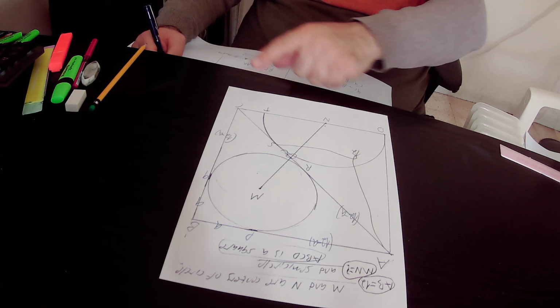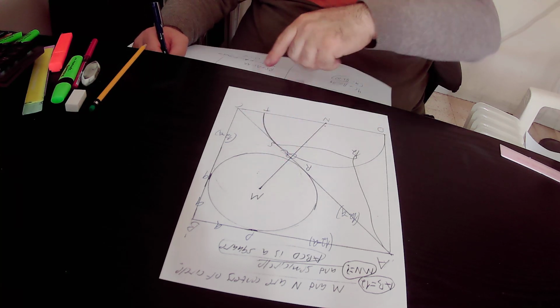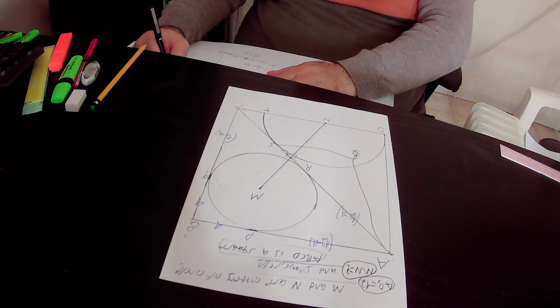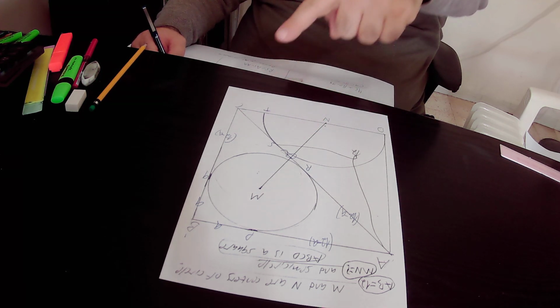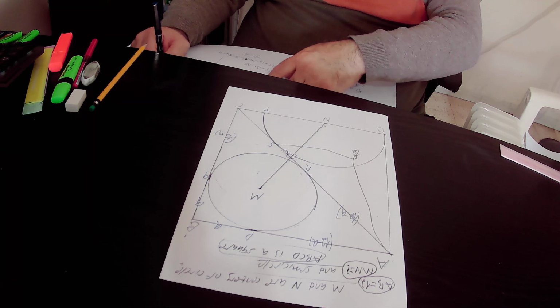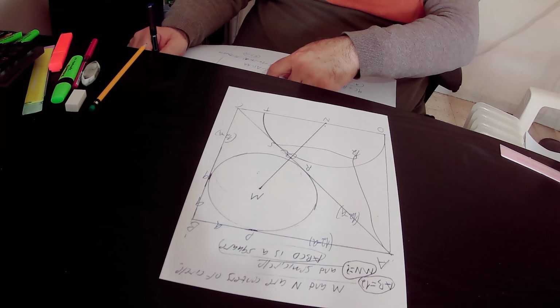The first tangent is CQ, and the second is CR, and according to rule number 1, CQ must be equal to CR.